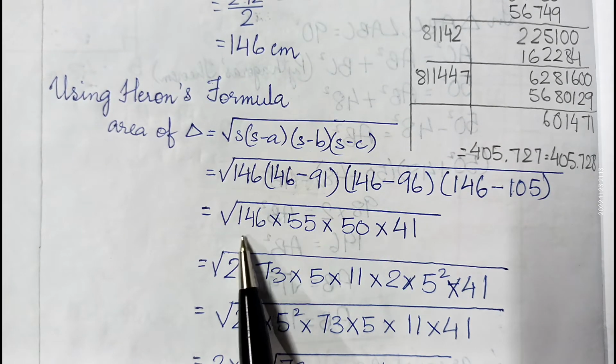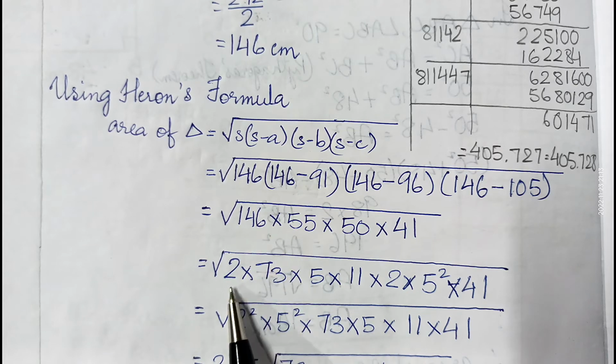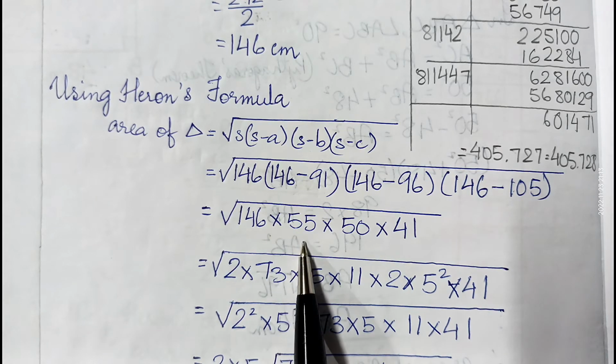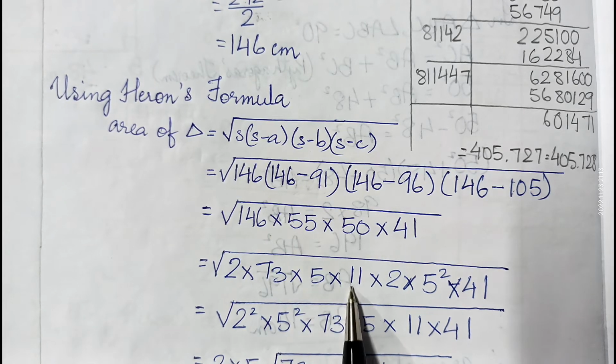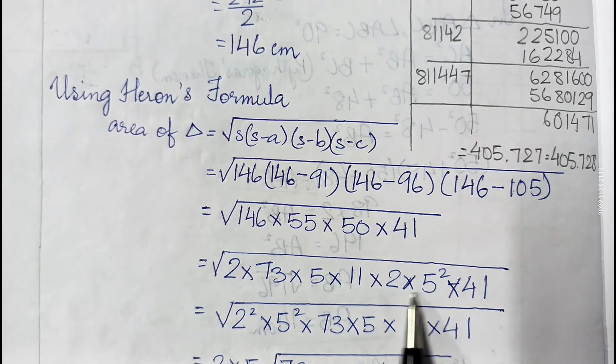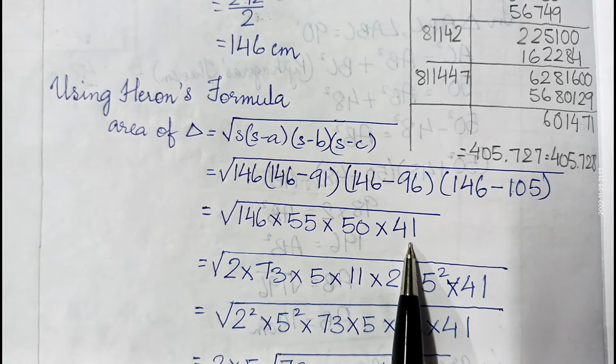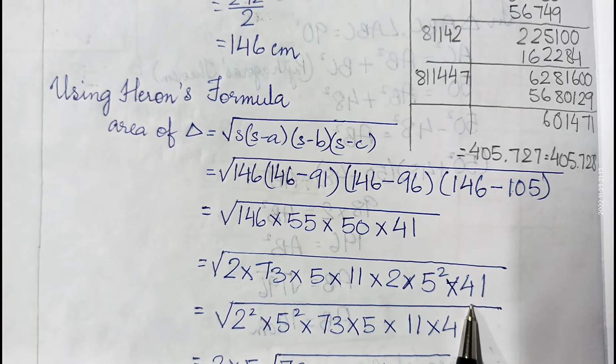Now if we prime factorize, 146 can be written as 2 into 73, 55 can be written as 5 into 11, 50 can be written as 2 into 5 square, and 41 is a prime number which cannot be further prime factorized.